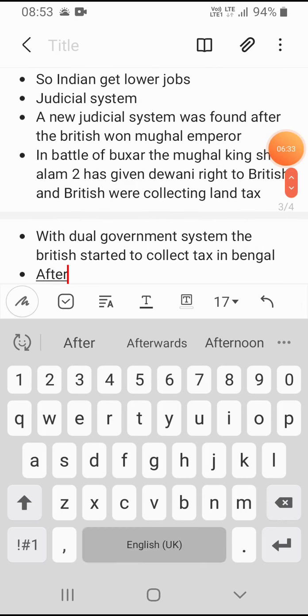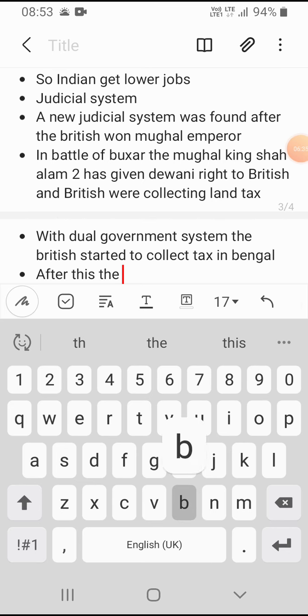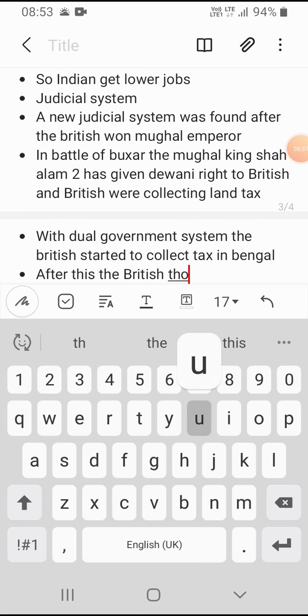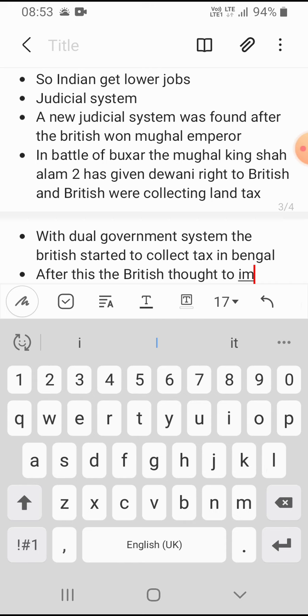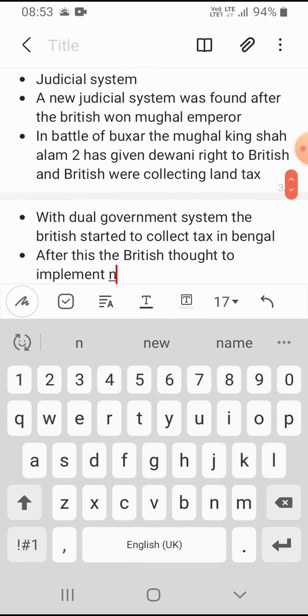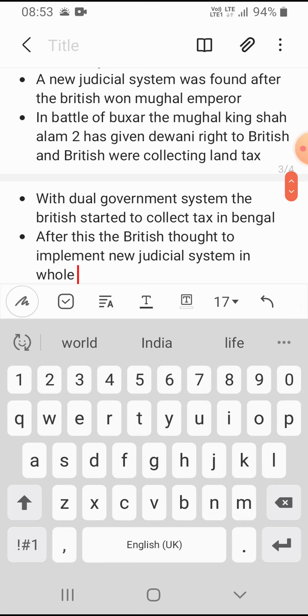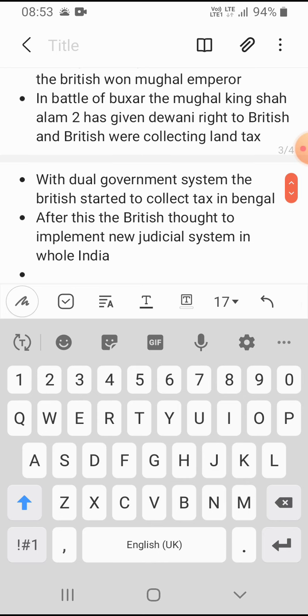After this, the British thought to implement a new judicial system in the whole of India.